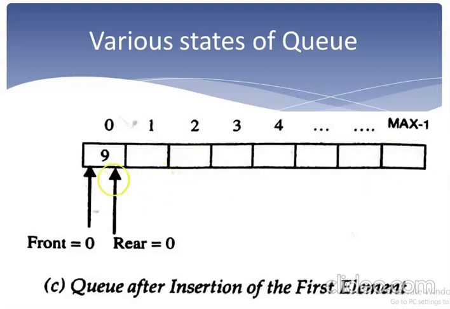So addition causes the movement of the pointer rear. Deletion causes the movement of the pointer front. I'll repeat. Addition causes the movement of rear pointer, and deletion causes the movement of front pointer. Both these pointers move to the right side.